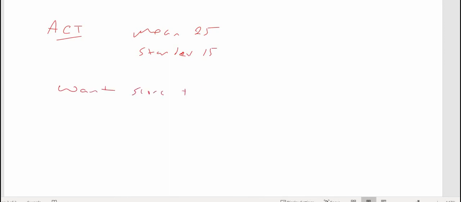Now, we can also go backwards from this and say, if I want to be 2.5 standard deviations above the mean, let's stick with the ACT. Again, we have the mean 25, standard deviation 15, and let's say we want a score that is 2.5 standard deviations above the mean.